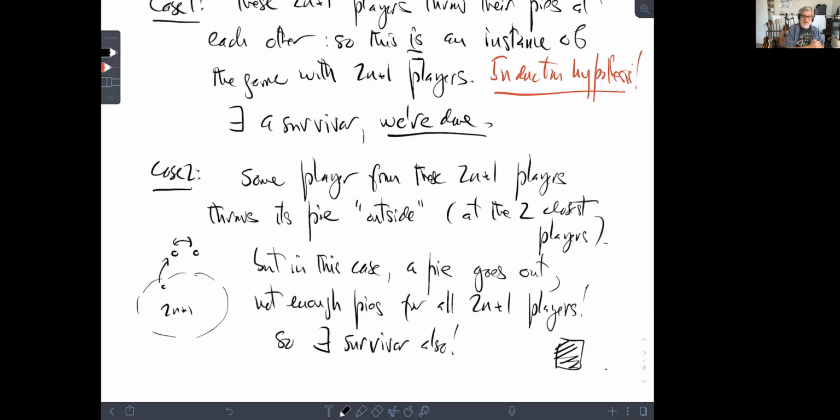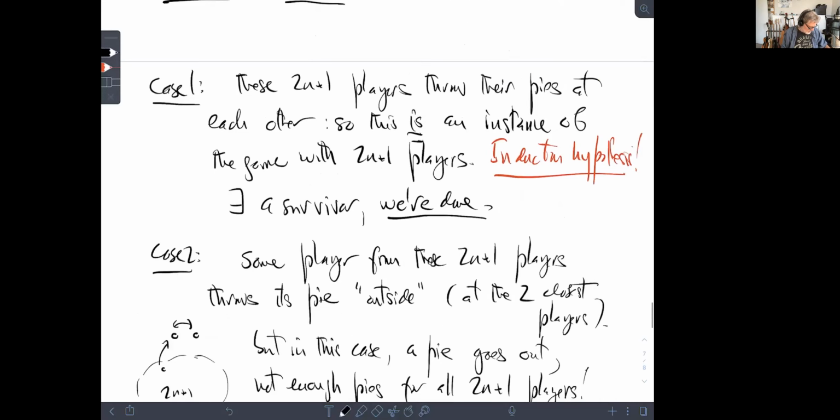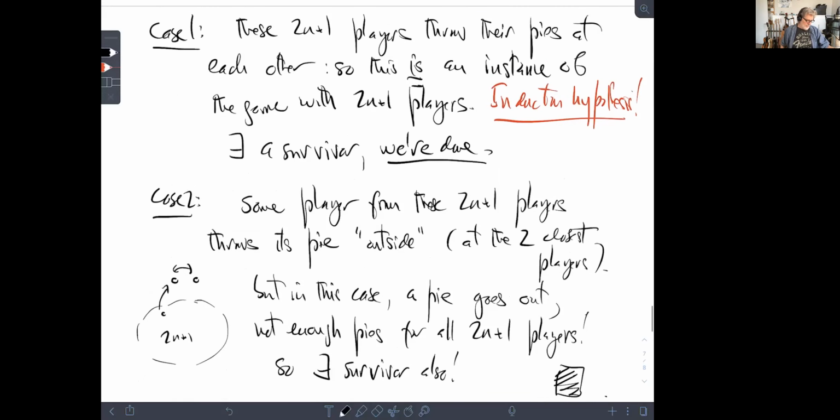And you see here, they might not be. So there are two cases. There's the case where they are satisfied, you're all happy. But then there's the case where you have a pie going out, but then you're fine. It's sort of almost easier in that sense, right?